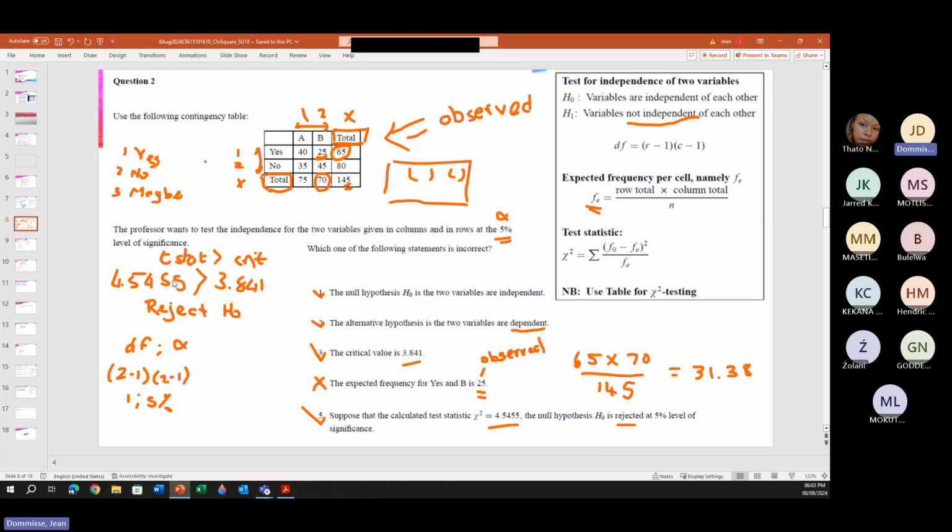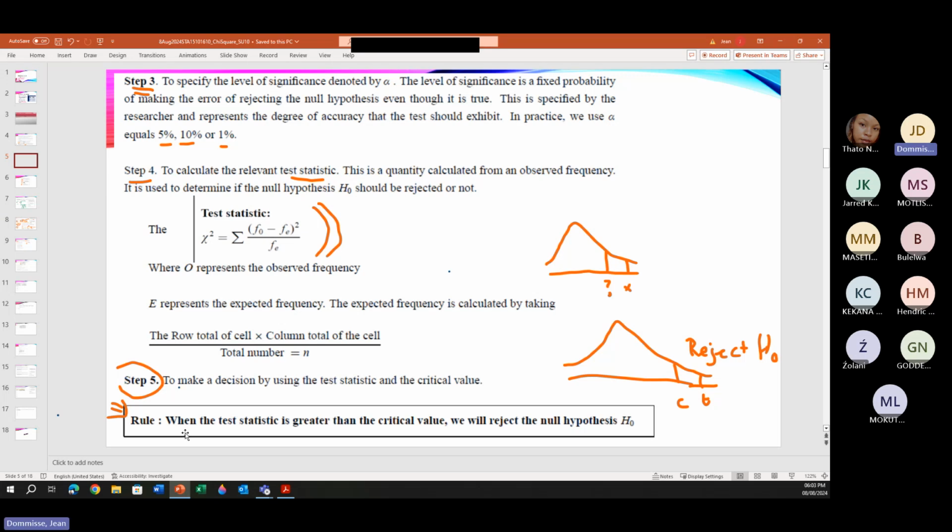Okay, so I think the important thing there is that it's a bit different from when we did the Z and the T distribution. The thing to remember when we work with chi-square is that if the t-stat that we're working out is bigger than your critical value, we will reject the null hypothesis.